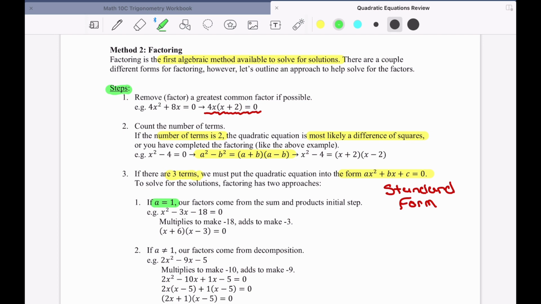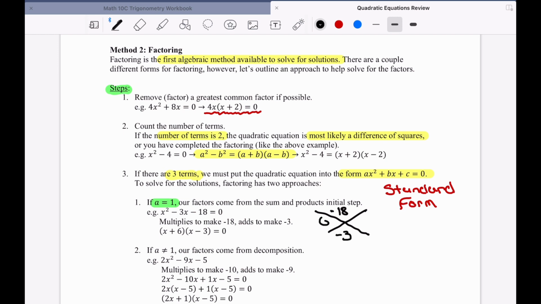So as a quick example, we can say if x squared minus 3x minus 18 is equal to 0, we always multiply to make the outside terms and then add to make the middle term, which is negative 3. In this case, if I draw my x that we did multiple times in class, I'm going to multiply to make negative 18 and add to make negative 3.